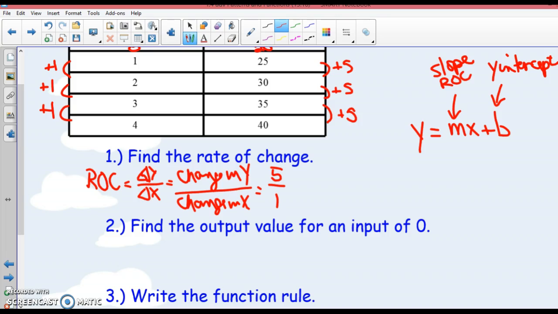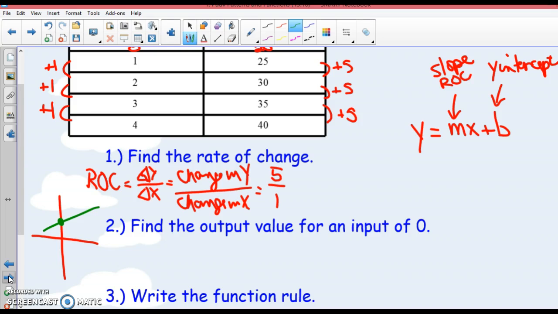If I do a quick little graph, and I drew a line here, that point right there is what we call the y-intercept. Why do you think I call that point the y-intercept? That's where it crosses the y-axis.